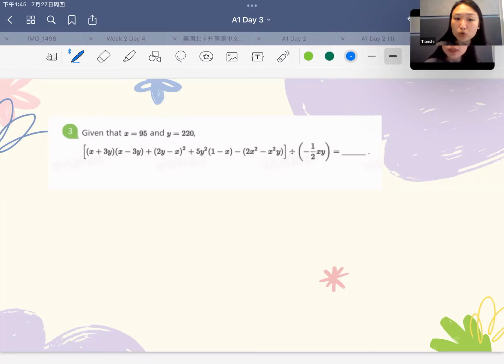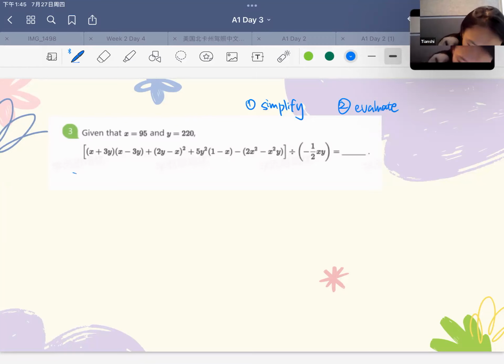First of all, we need to do the simplification, and then we need to put in the values to evaluate the result. If we just put x equals 95 and y equals 220 in all the terms, it will be super complicated. So let's do the simplification.